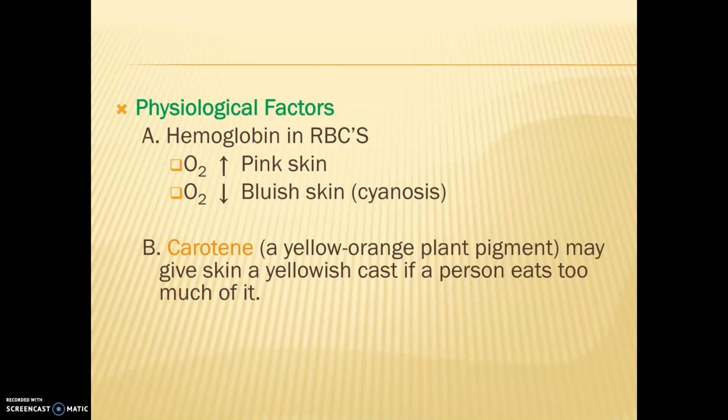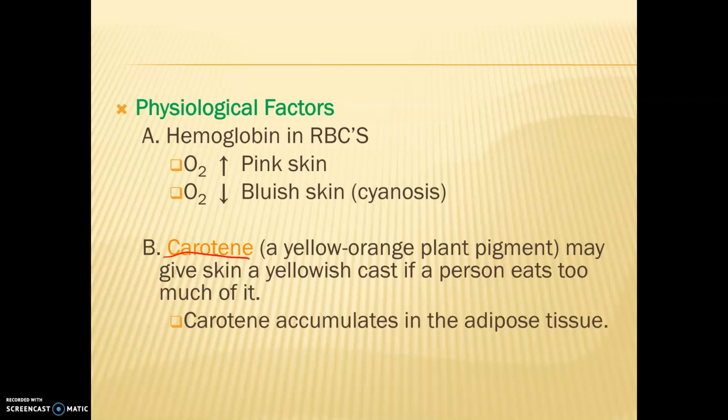And then we also have carotene that we're going to see in our skin color, which is a yellow-orangey pigment that may give the skin a yellowy cast if the person eats too much of it. We're going to see carotene in carrots, which is kind of funny. It accumulates in our adipose tissue.